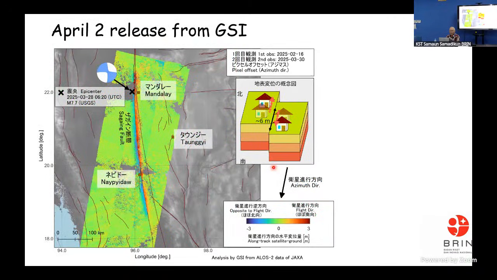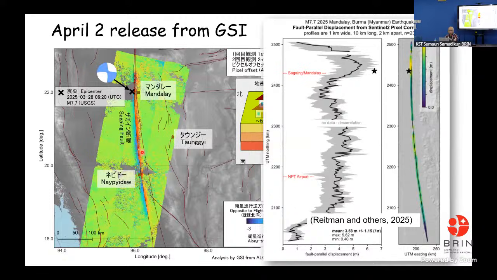Okay, this is the immediate release of the crustal deformation by using InSAR, or synthetic aperture radar. This is from GSI in Japan. They mapped the movement of the crust. And also this is a data release from USGS.